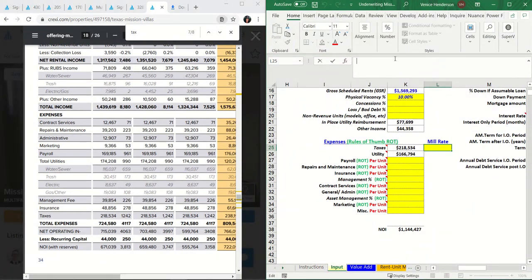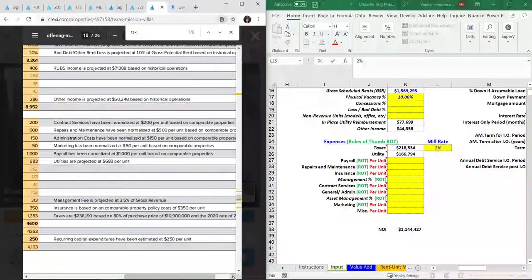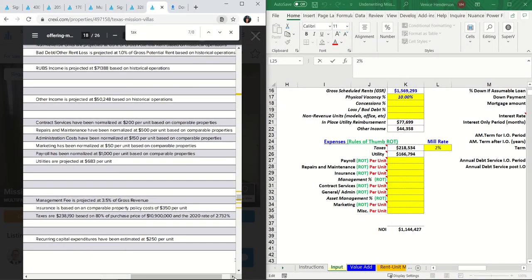This looks like it's a percentage, so we're going to do 0.002. 2.732. You see? 0.0. There we go.